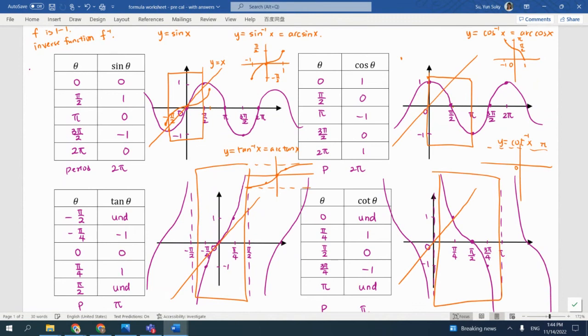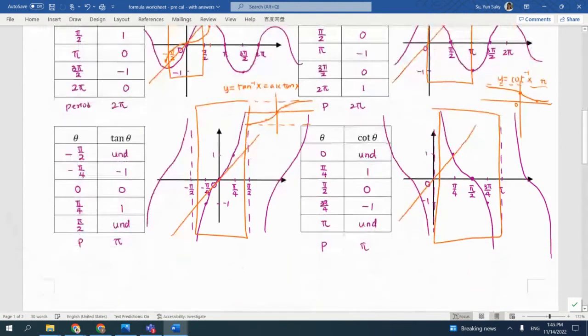This point goes here, and this point will go here. So when you draw it, this is the graph of arccotangent. Is that okay, everybody? Yes? Draw the mirror image of that.